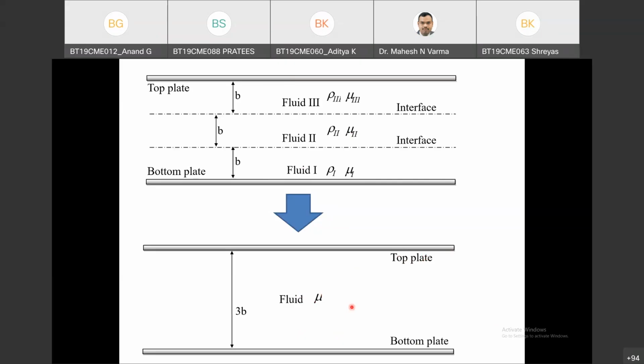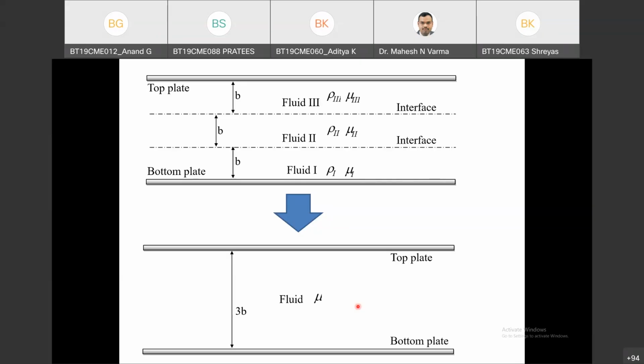Two, sir. Two boundary conditions. What are these, Aditya? Two no-slip boundary conditions are there, sir, for the top plate and the bottom plate. So the other thing is the same.